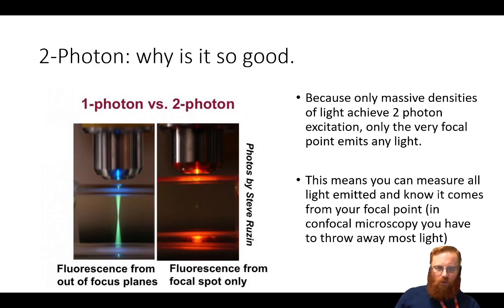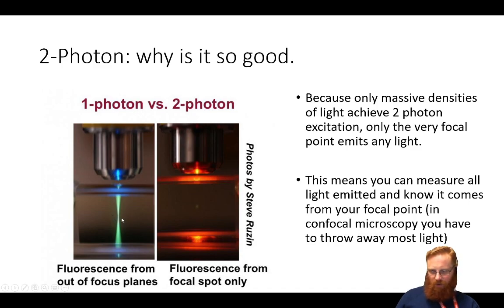Now, because you need this massive density of light, only a very small point gets enough photons to be excited, right? So here we see a typical epifluorescent confocal style setup where we have excitation light coming through the objective of the microscope.